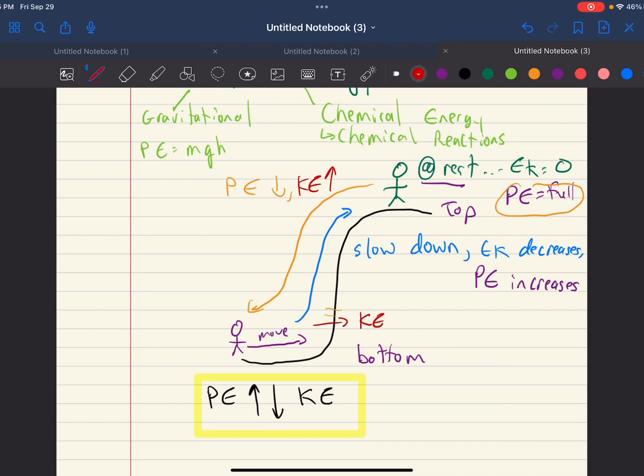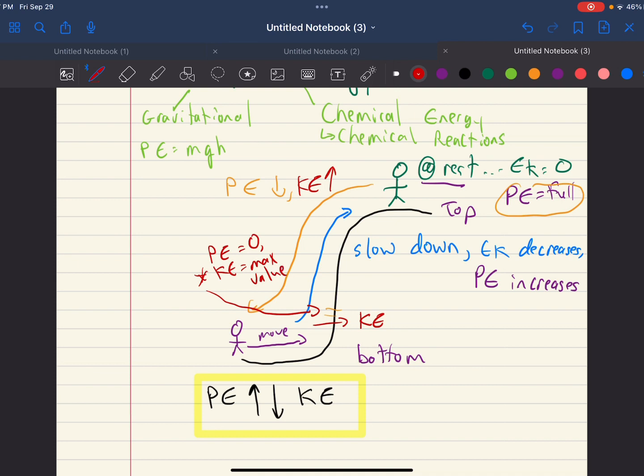So as my potential energy decreases, because my height gets smaller, my speed increases, and my kinetic energy at the same time also increases. And we're going to say over here that at that bottom of the hill, where PE is equal to 0, your kinetic energy is going to be at its max value.